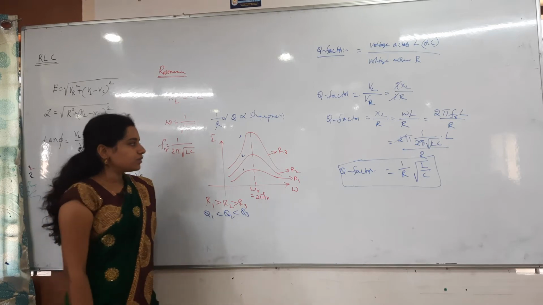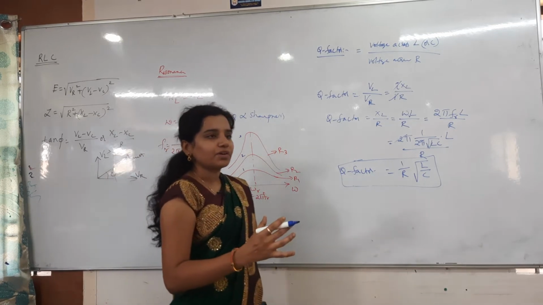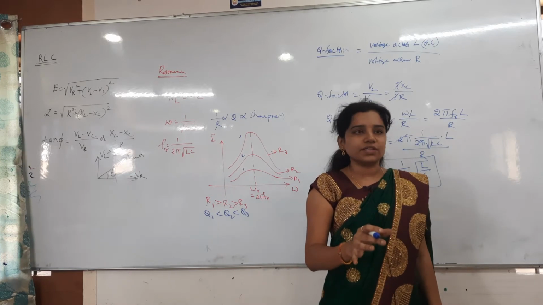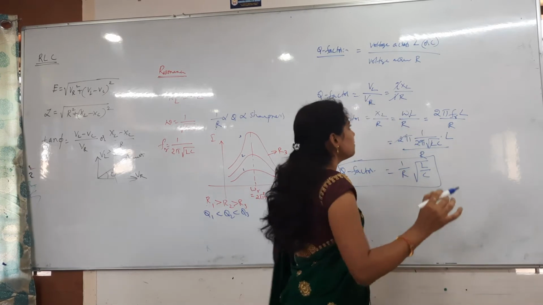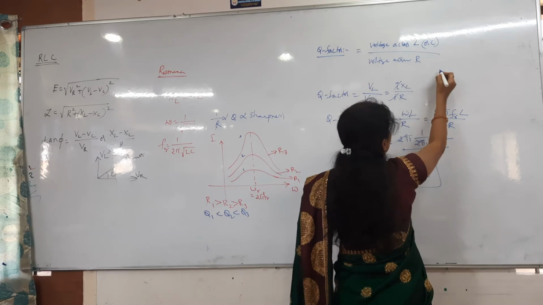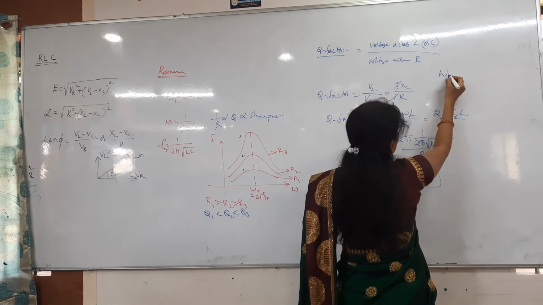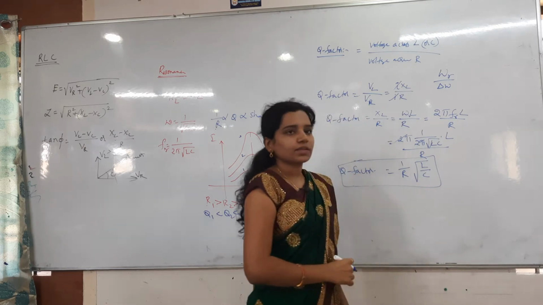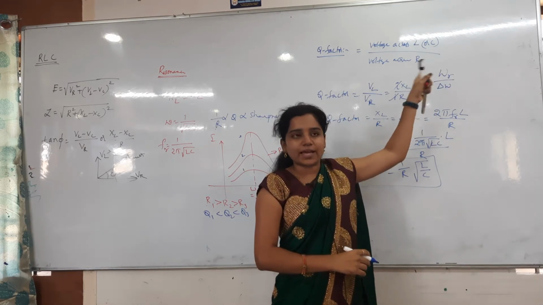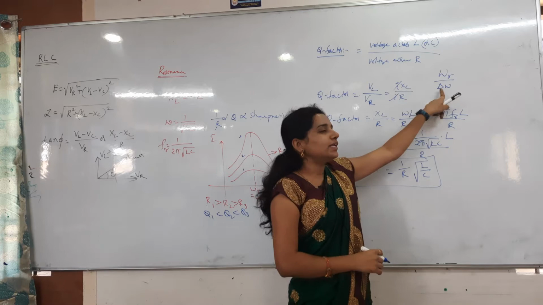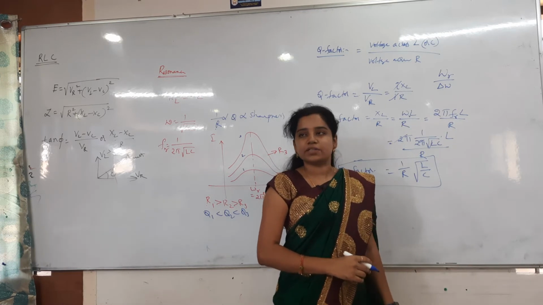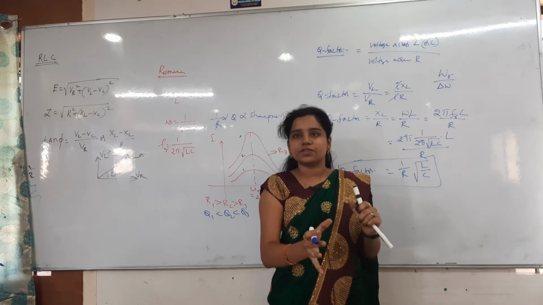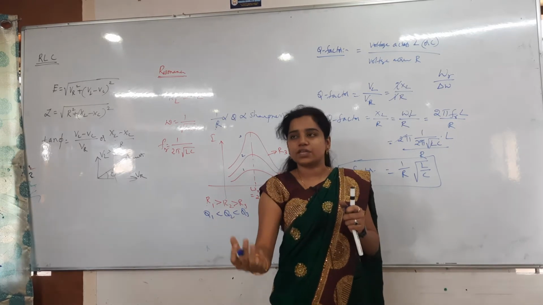Clear? Also here we will get the half power frequencies, as in the bandwidth concept, which we will discuss later. But here just remember another formula for the Q factor: omega R by delta omega. Omega R is the resonance angular frequency, divided by delta omega, which is the bandwidth, the difference of the frequencies.